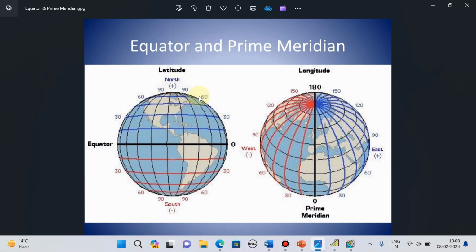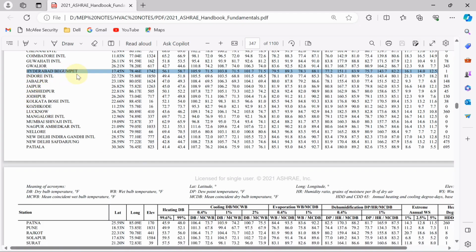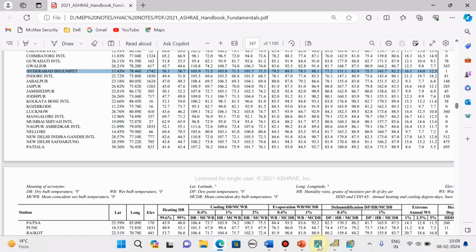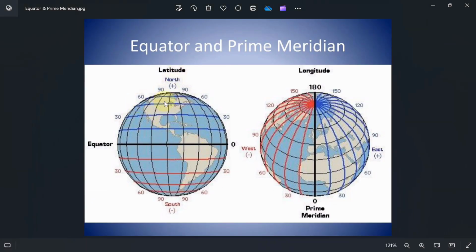Here in our case, for Hyderabad, it is showing latitude value 17.45 north. It means when you open the image, it is coming above the equator. So what sign do we have to consider? Positive sign. This you have to remember while entering the value in HAP.